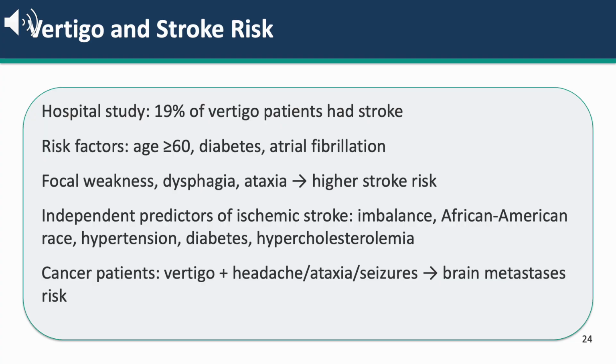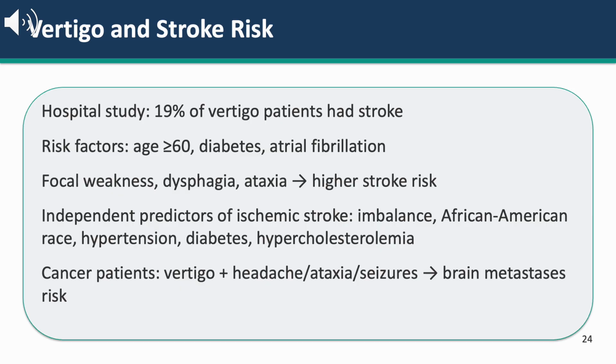The relationship between vertigo and stroke risk is clinically important. In a hospital-based study of 301 patients experiencing vertigo, 19% had stroke. Older age of 60 years or more, diabetes, atrial fibrillation, previous history of vertigo or inner ear disease, focal muscle weakness, dysphagia, or ataxia were associated with a higher risk of stroke.